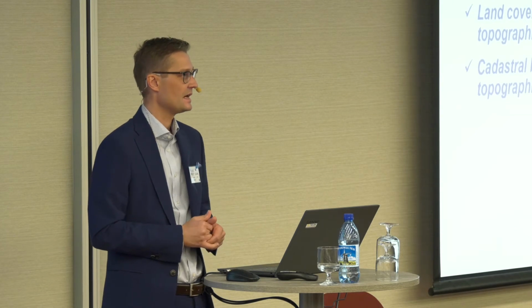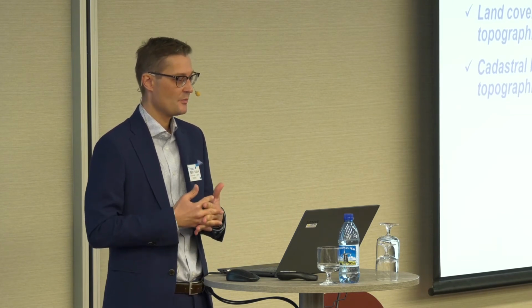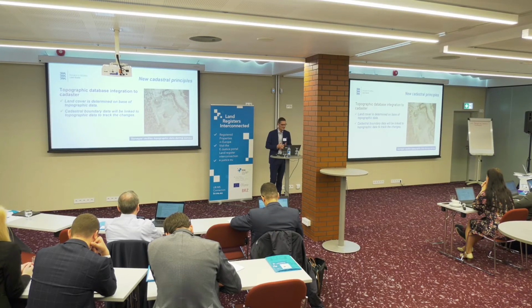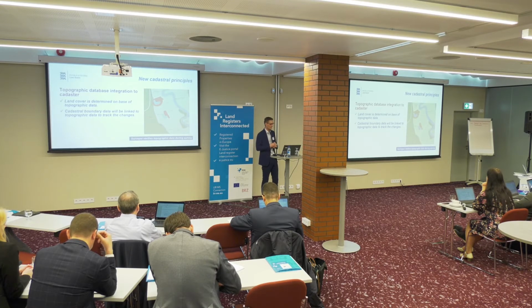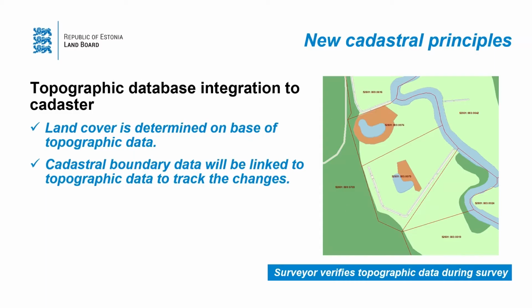We think it has quite good precision, so we even want to connect our boundaries with the topographic database. If the topographic database changes, like some coastline, we want to automatically change the cadastral unit.